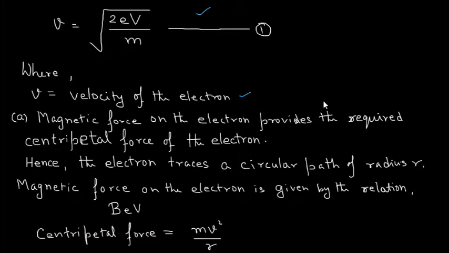A. Magnetic force on electron provides the required centripetal force of the electron. Hence, electron traces a circular path of radius r. Magnetic force on the electron is given by the relation Bev. Centripetal force is mv square upon r.